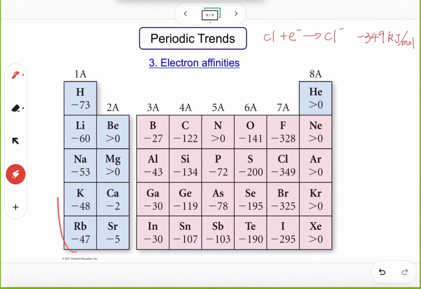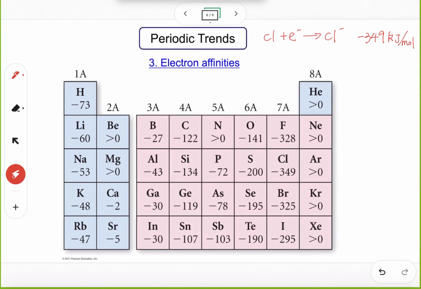For the elements in the same group, when you go from top to bottom, this number is getting smaller, from 73 to 47. That means for the elements in the same group, when you go from top to bottom, electron affinity will decrease.